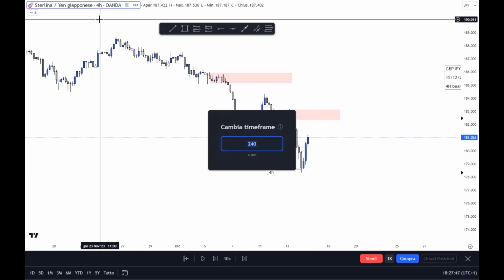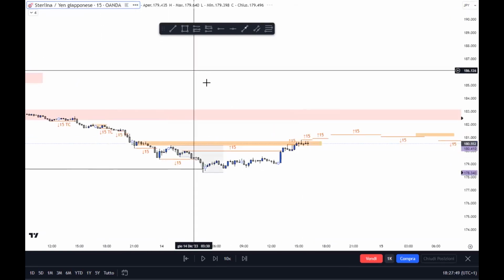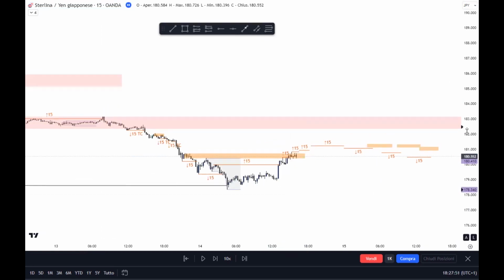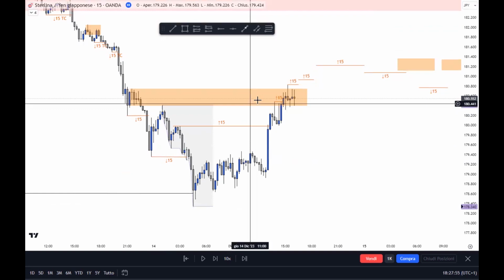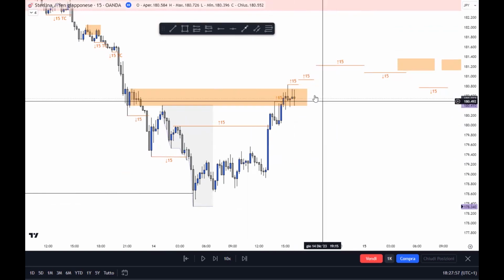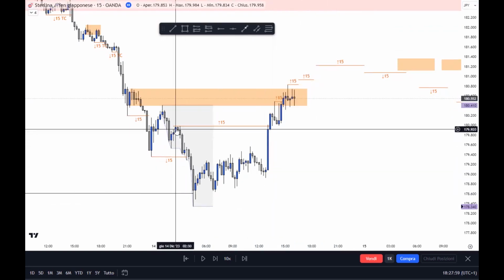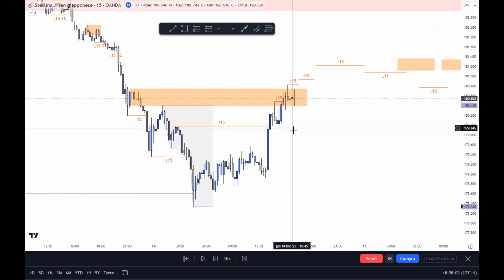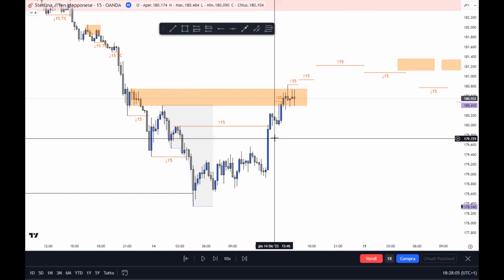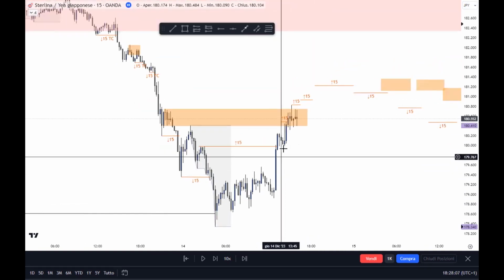Okay, so jumping down to the 15-minute time frame, what we see here is that up here we have an unmitigated OB. So here we have the breakout structure up, so we should be looking for longs in theory because we are in the pullback phase.